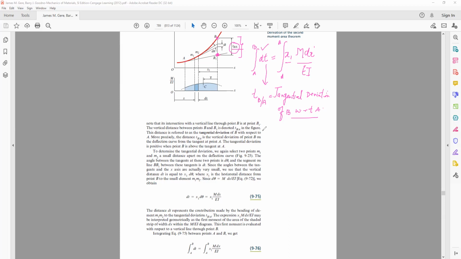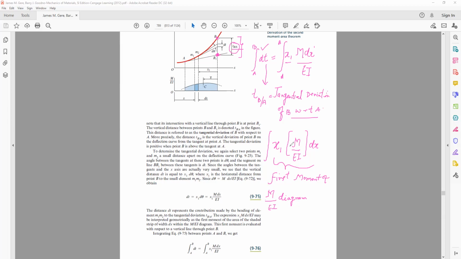And we say that this tangential deviation of B with respect to A is equal to integral of x1 M by EI dx. Fine. Now look into this expression. This entire integral gives us the first moment of the M by EI diagram.